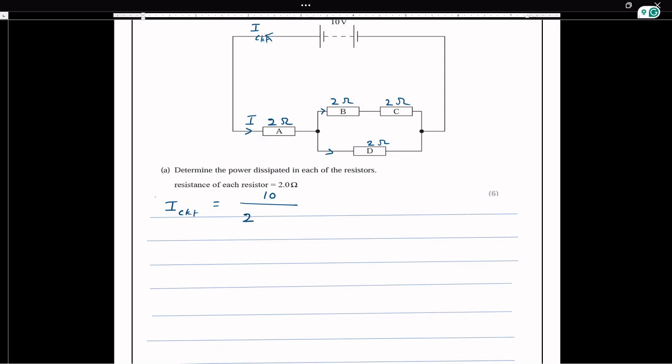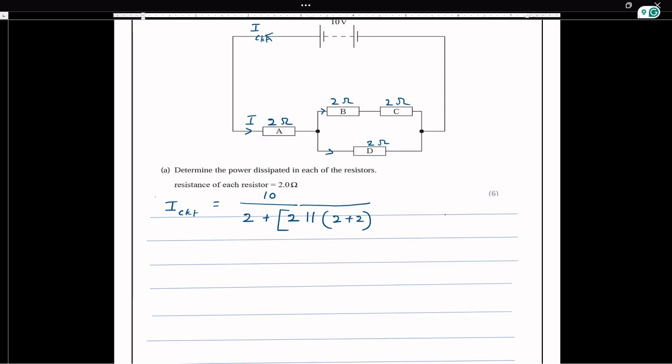First resistor 2 ohm in series with a parallel combination of 2 ohms plus... So I'm writing all of them together. Let me write it: 2 parallel 2 plus 2. I hope you can follow this.